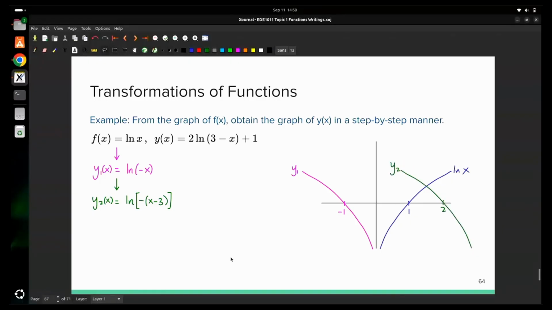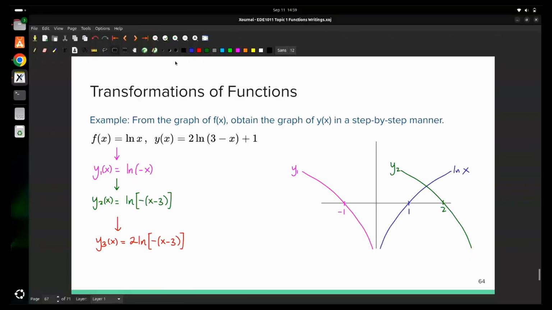Okay? So then subsequently you have a 2 in front. But the 2 in front is easy. So maybe y3. So 2 times this whole thing. Because you take the whole function, the ln function, and multiply by 2. So that means it must be vertical stretching, because times 2 so it becomes bigger.